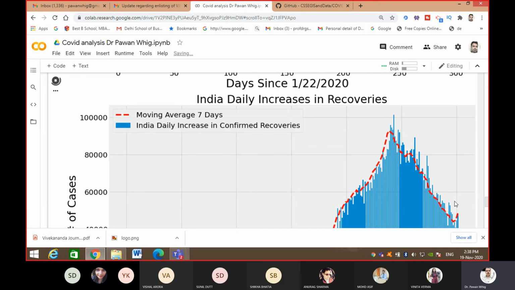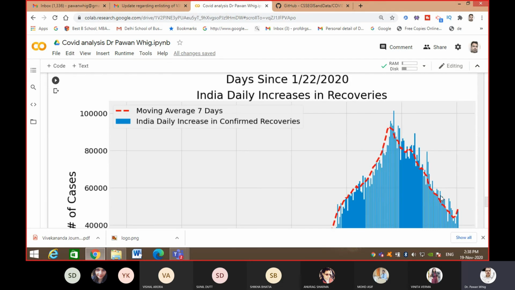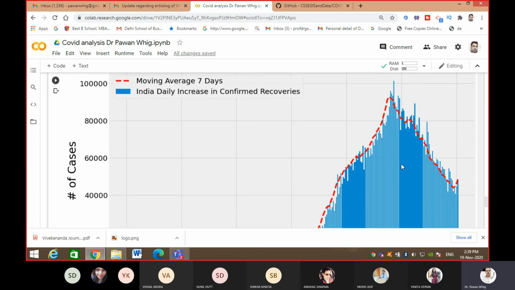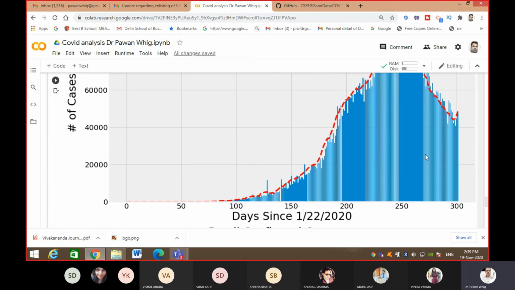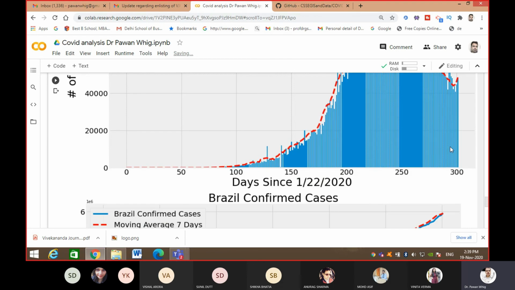It means people are more prone to corona, but the recovery rates are slow. Earlier they recovered within 2 or 3 or 4 days, now they take more time. This shows the recovery rate decreases, meaning people take a long time to recover.